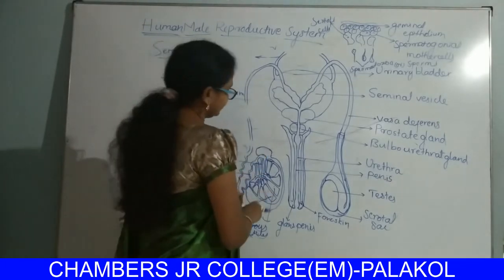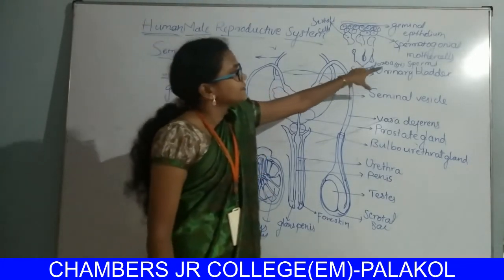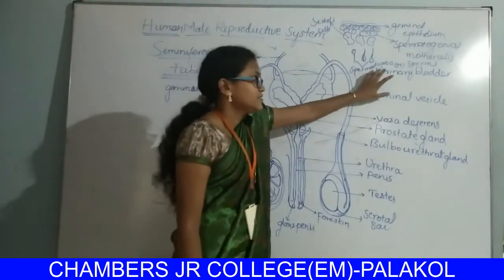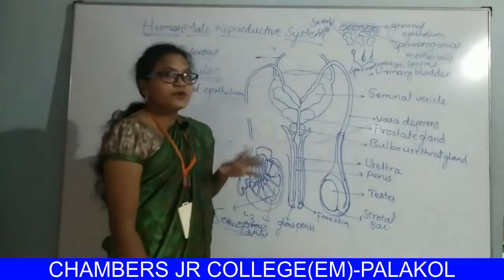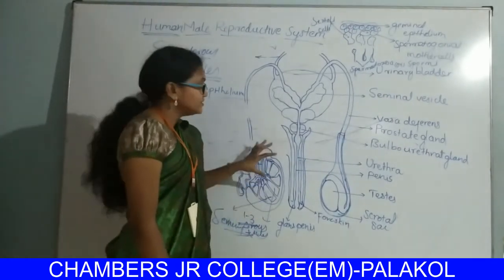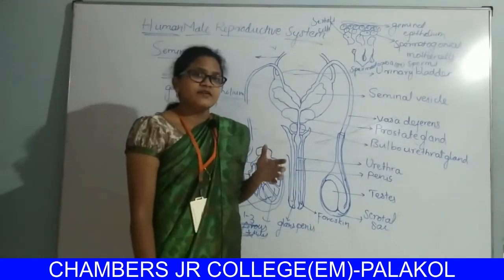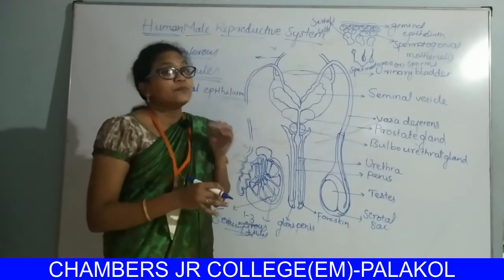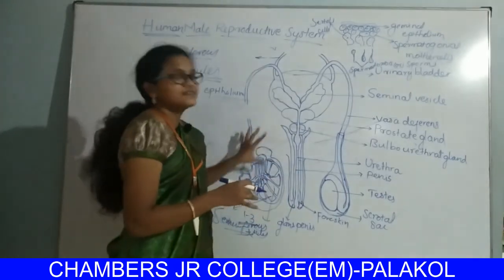Now these spermatogonial mother cells undergo meiotic division and form sperm cells, right? So sperm cells are produced in the seminiferous tubules. These seminiferous tubules are located in the testes. So sperm cells are totally produced in the testes.